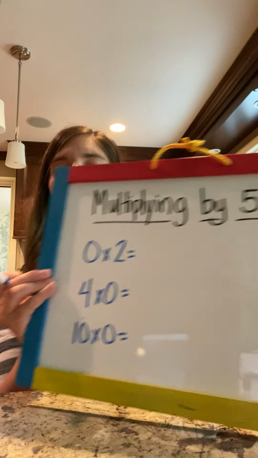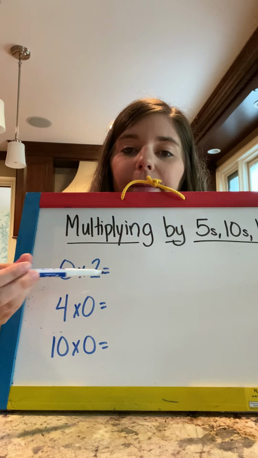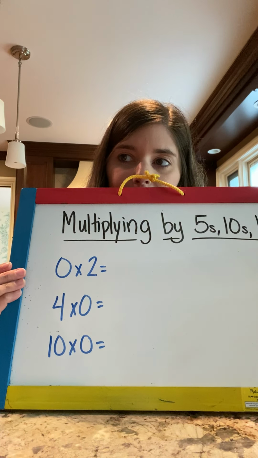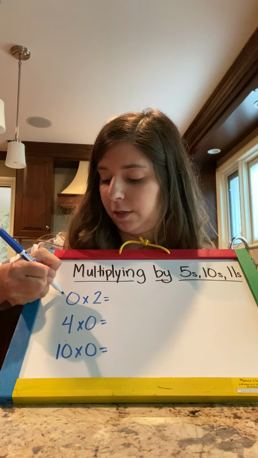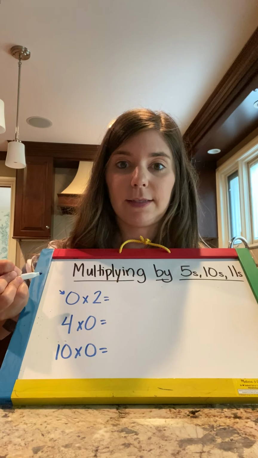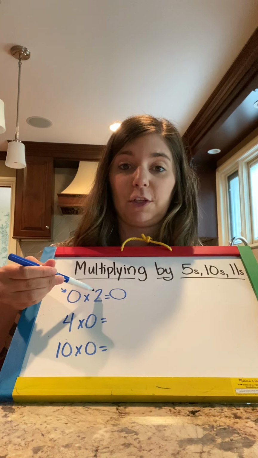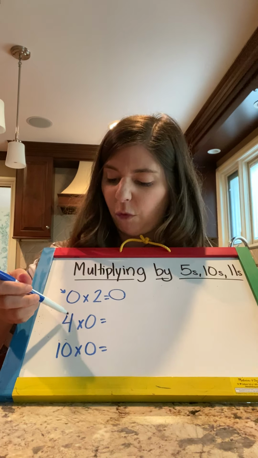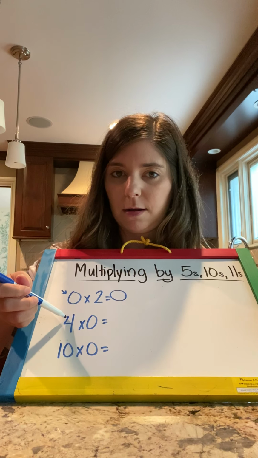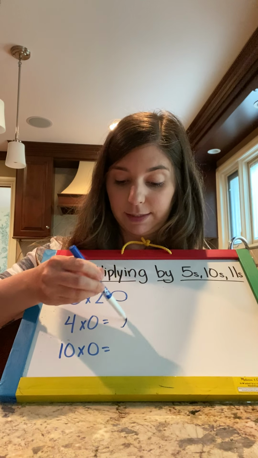All right, are you ready? Your first problem here. 0 times 2. Yeah, if you see that 0, the answer is 0 because it means there are no groups of 2. So 4 times 0, right, it's 0.